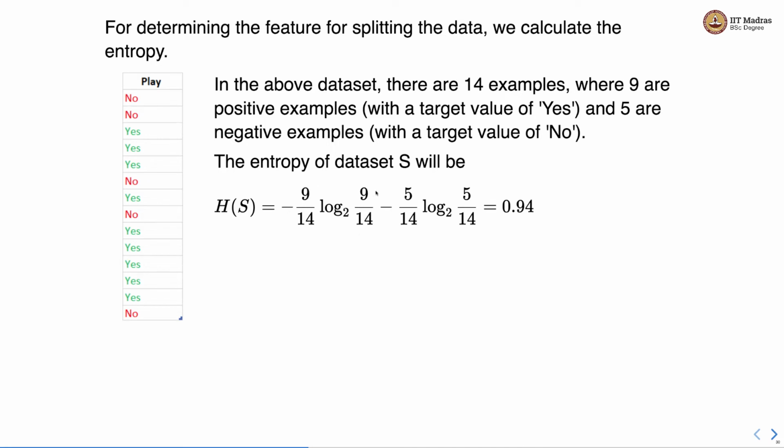The first part of the equation is the entropy due to the label yes, and the second part is due to the label no. This turns out to be 0.94.